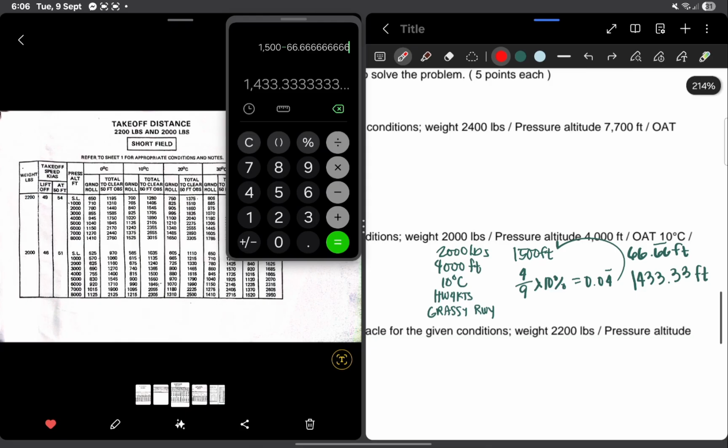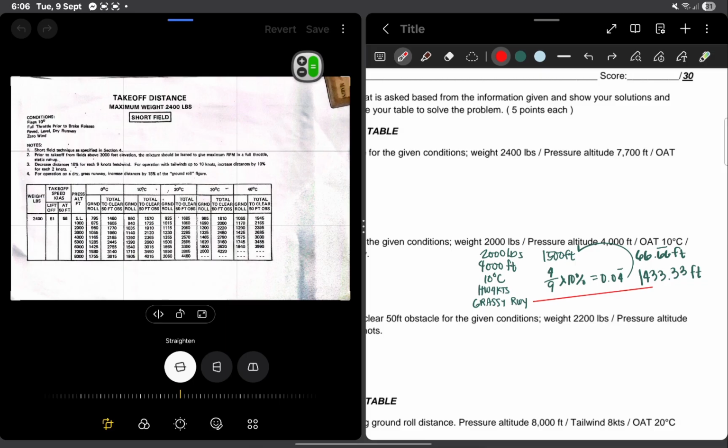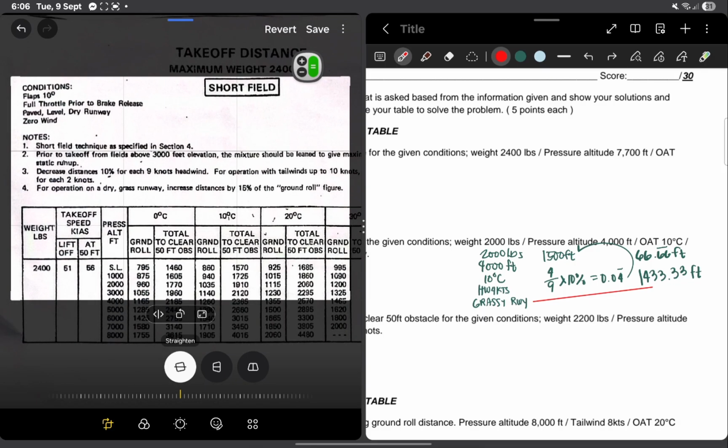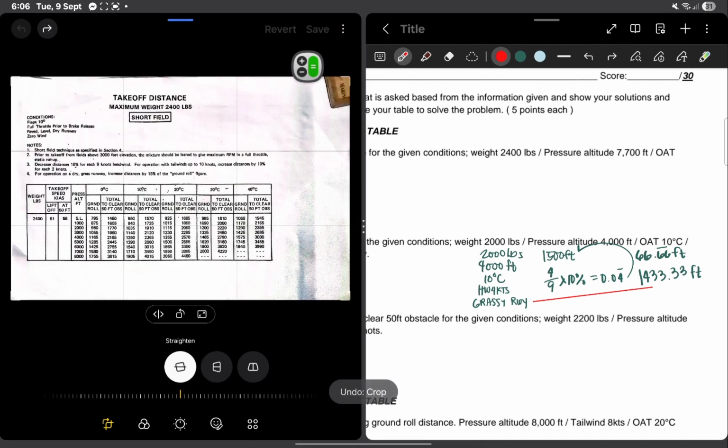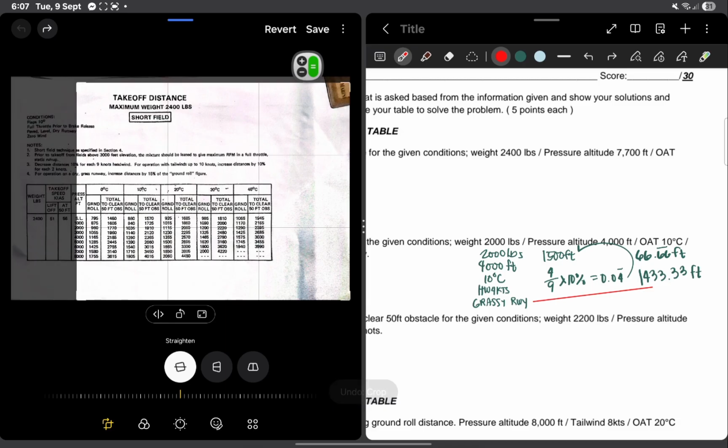After this, we need to remember that we have grass runway. For a grass runway, increase distances by 50% of the ground roll figure. So now let's use our ground roll figure. Let's go back.